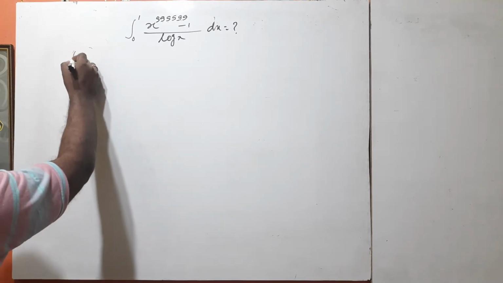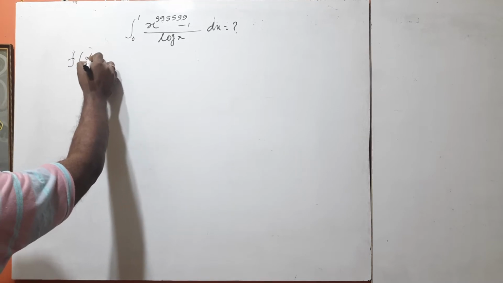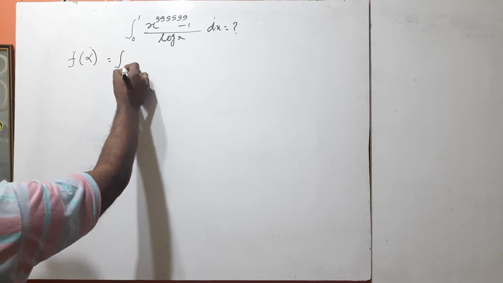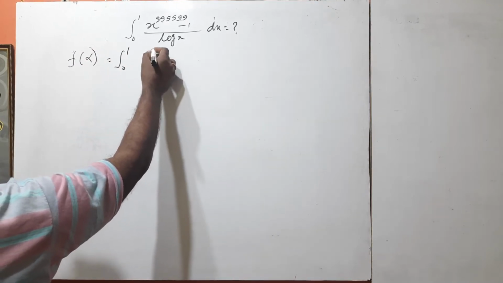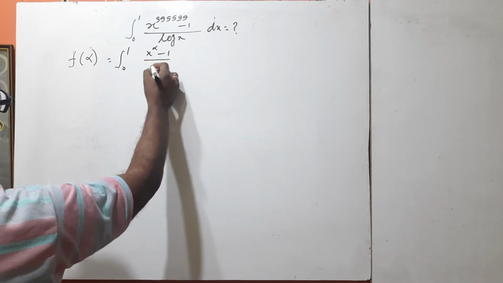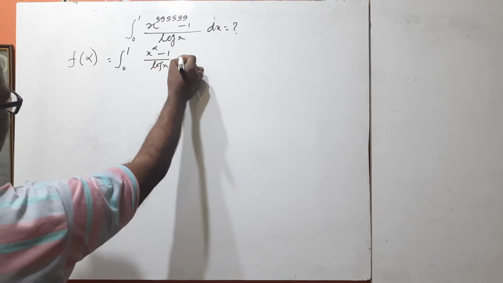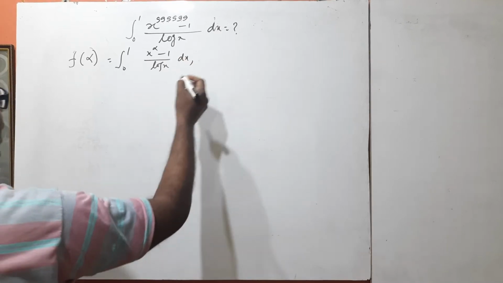Now let this be f of alpha, the integral from 0 to 1 of x to the power alpha minus 1 over log x, dx.